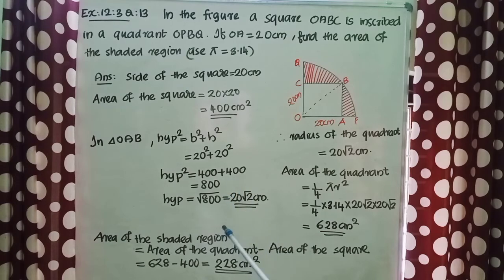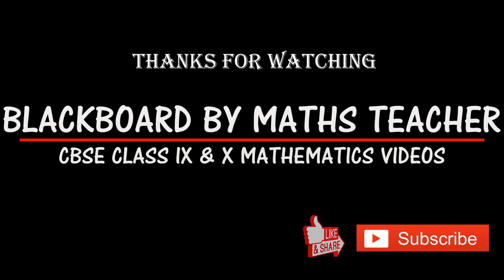Area of the shaded region equals area of the quadrant minus area of the square. That is equal to 628 minus 400. That is equal to 228 centimeter square.